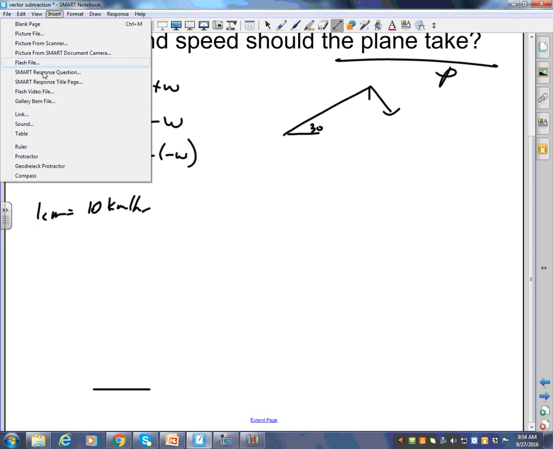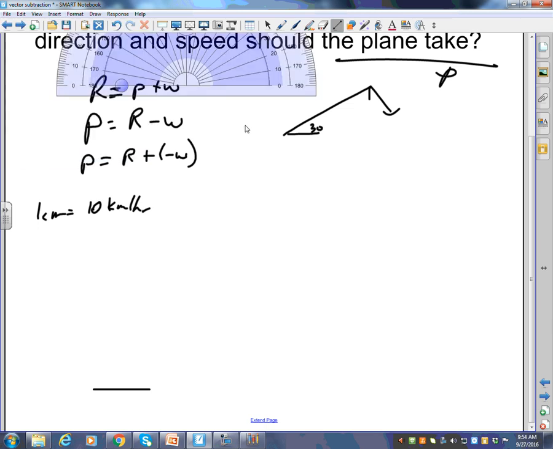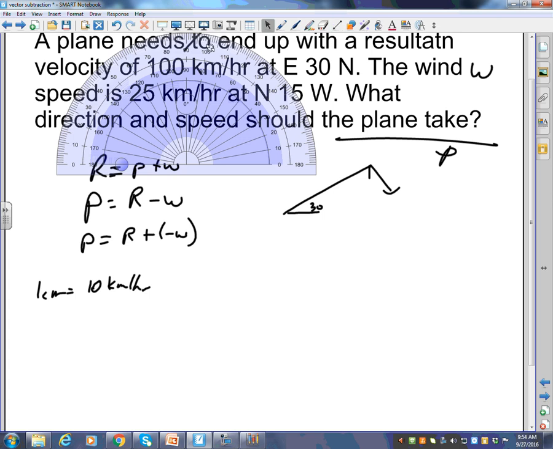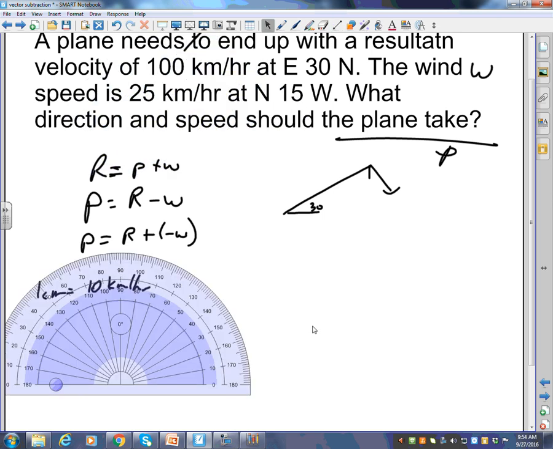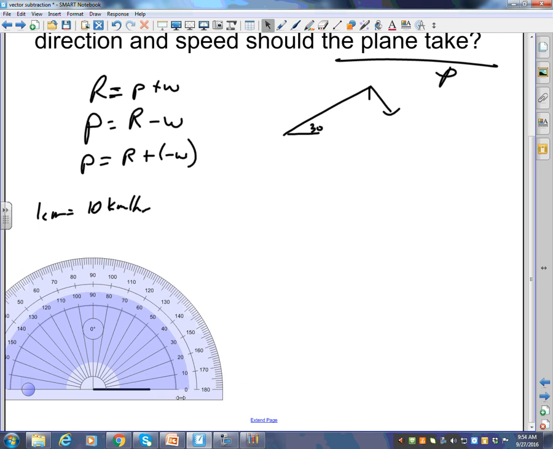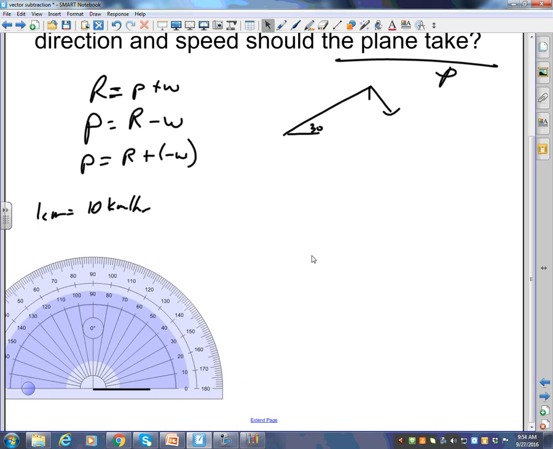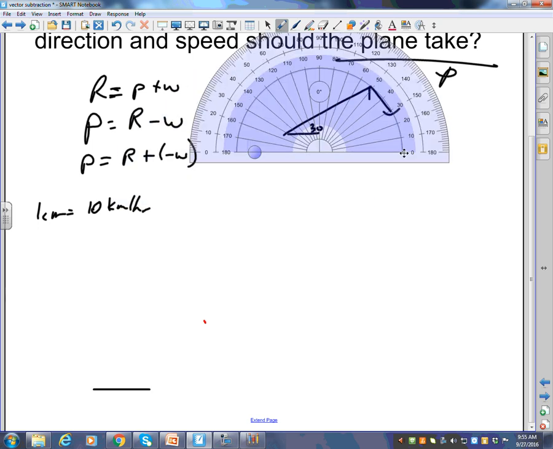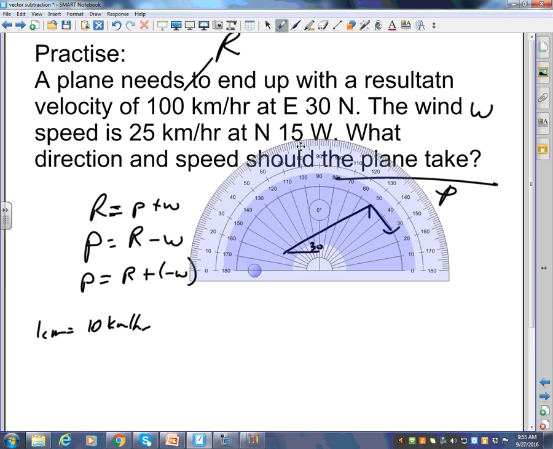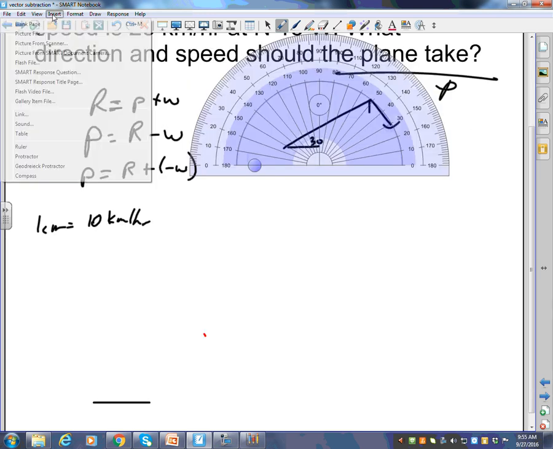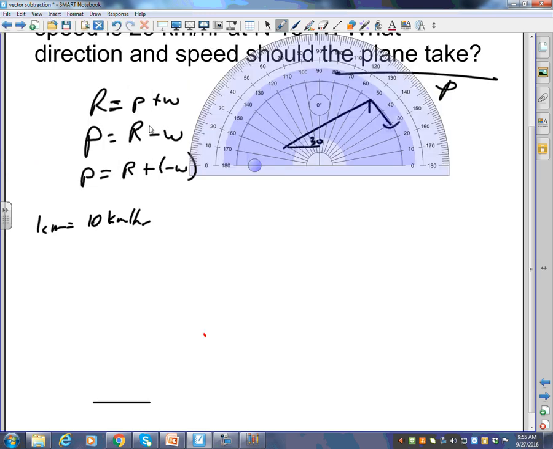Protractor. East 30 north, right there. It's 10 kilometers an hour per centimeter, so it needs to be 100, which is 10 centimeters long.